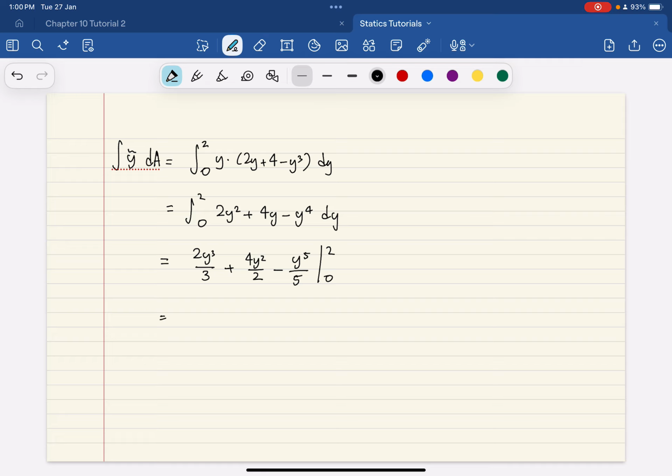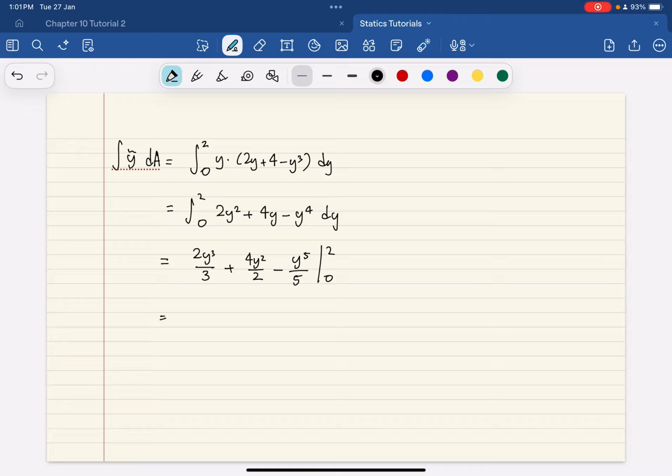Let's put our equation in the calculator: 2y cubed over 3 plus 4y squared over 2 minus y to the power of 5 over 5, with the limit 2.